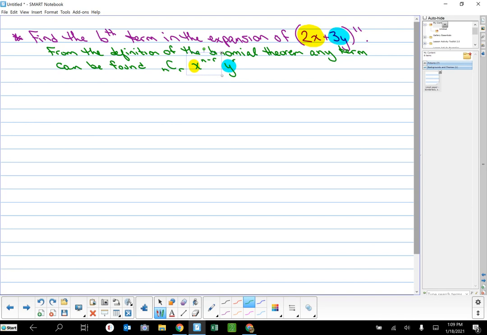Okay, so let's look at what we know. n is the exponent on the expansion. Let's just put that, that's easier. Okay, so we have this piece of information.